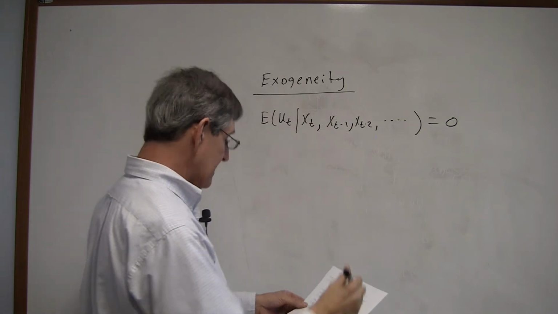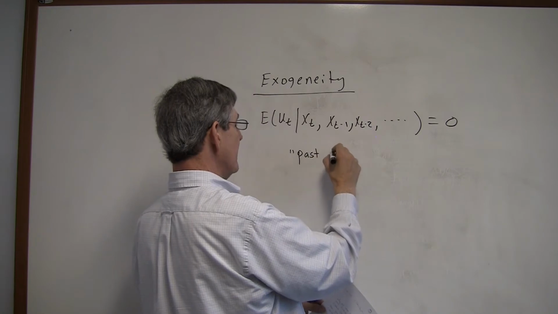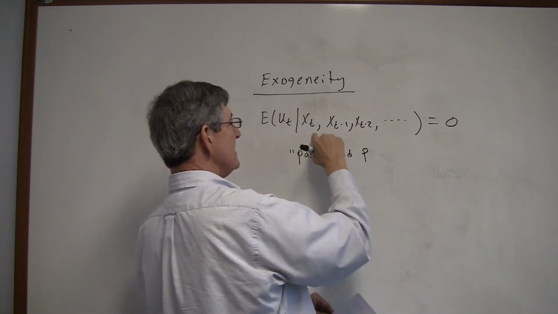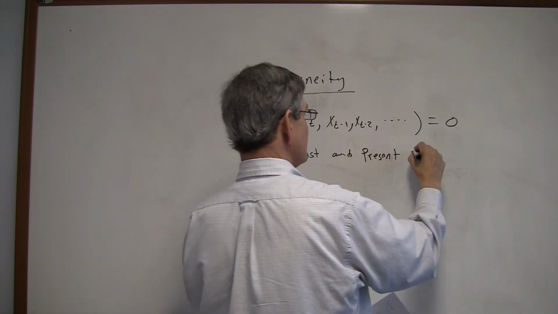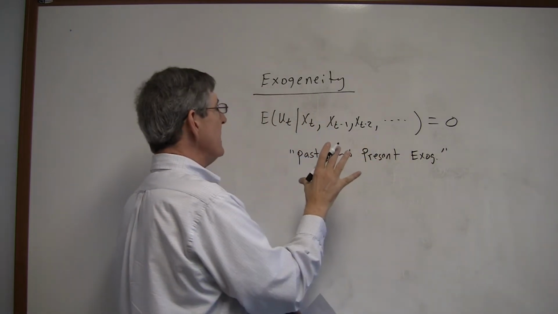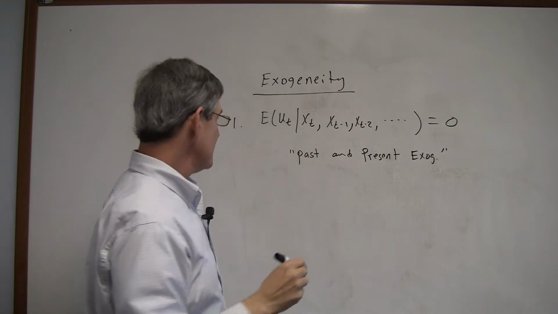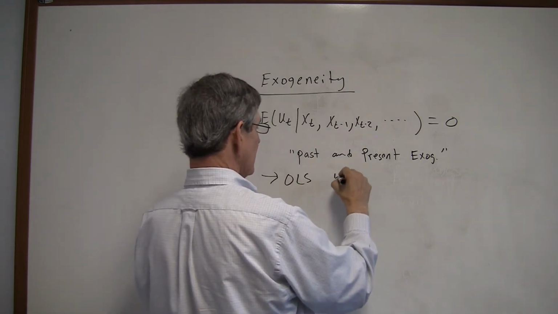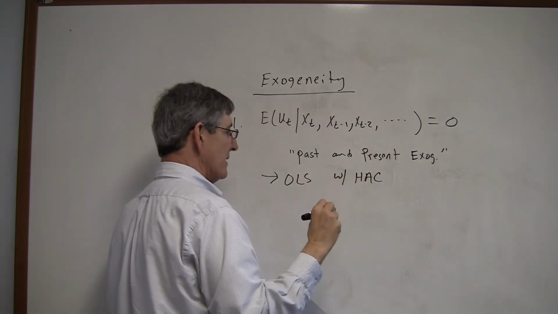This is often called past and present xt exogeneity, where past is t minus 1 back. And the general estimation technique for this first case is going to be OLS with robust standard errors.